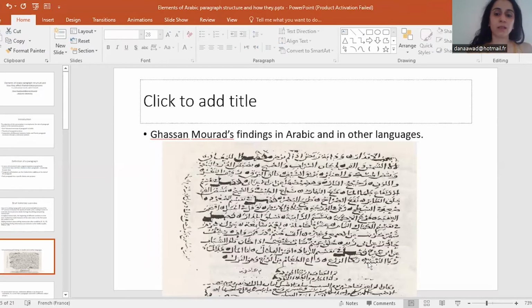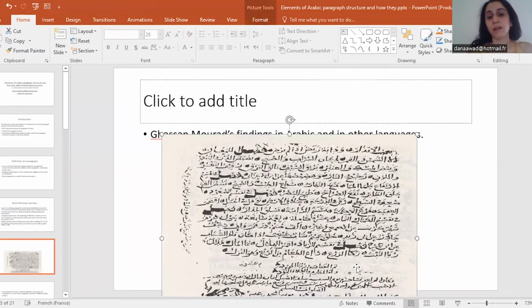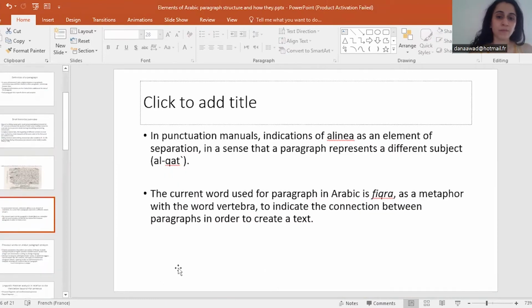So this is one of the manuscripts that Mourad found with a bold character, and it might be a replacement of or a sort of indication of what we call a paragraph today.